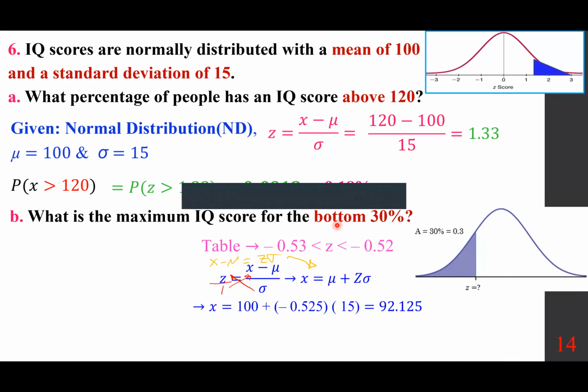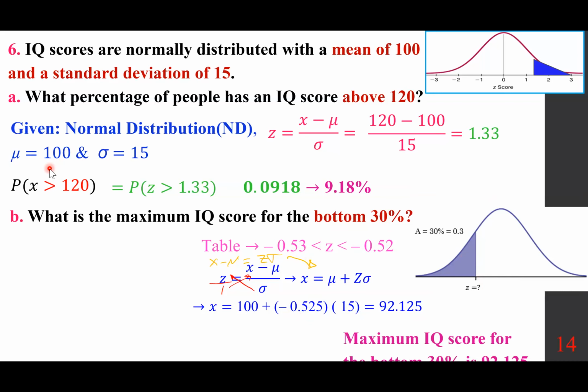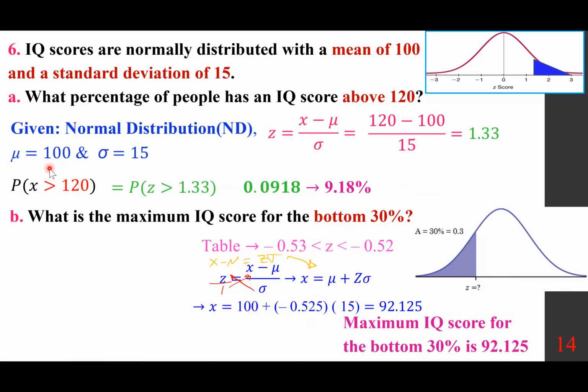Why? Because this is referring to the bottom 30%. Right in the middle, 50%, z-score of 0. Z-score of 0 corresponds to mu equals 100. So the maximum IQ score for the bottom 30% is this number, 92.125.